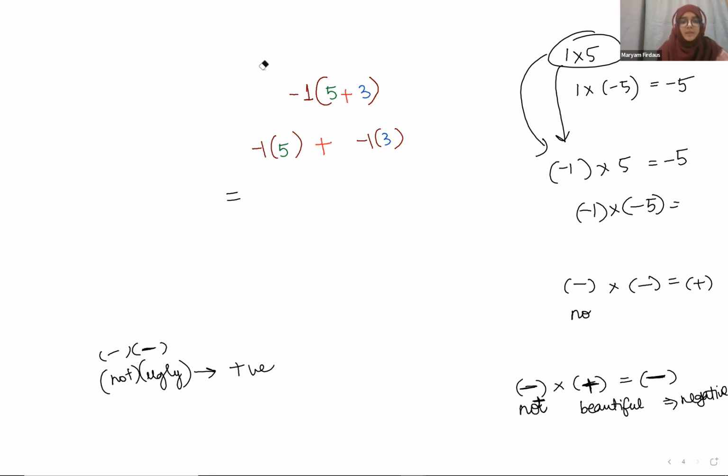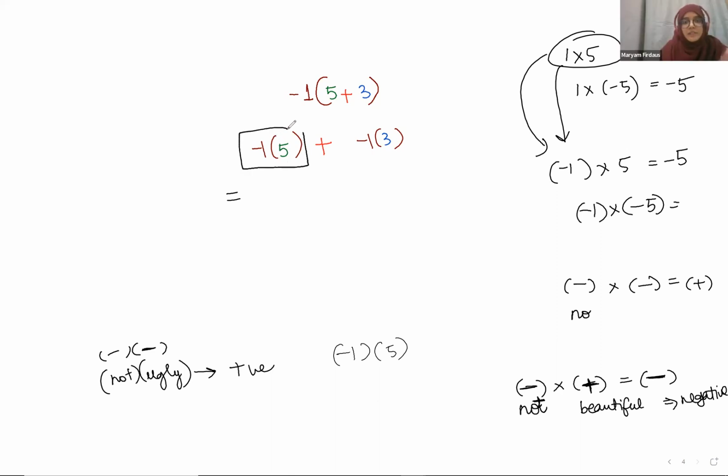Just a minute, pay attention: this is minus 1 multiplied by 5, right? So what I'm asking you right now is what is minus 1 multiplied by 5? Minus 5. Yes, minus 5.